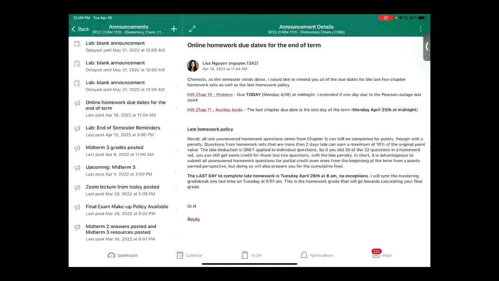But an idea I want to remind you about, the late homework policy. So any question that you haven't gotten to, you can still do for partial credit for up to 10% of the original point value. So if you did 30 out of the 32 questions in a homework set, you can revisit those last 2 to get extra points. It's not going to affect what you've already submitted.